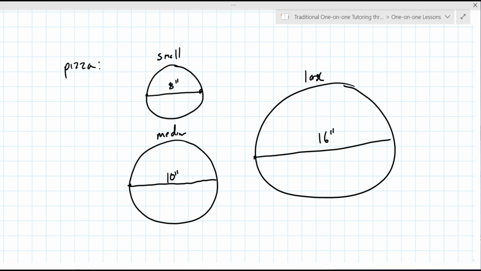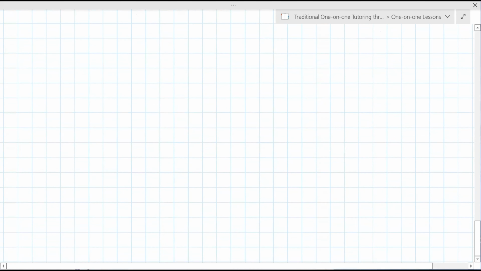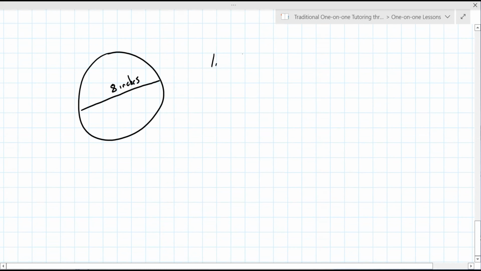All right, so let's look at a small pizza for a moment. It's got a diameter of 8 inches. So the first thing I want us to do is calculate the circumference of the pizza. Can you give me the formula for circumference, please?